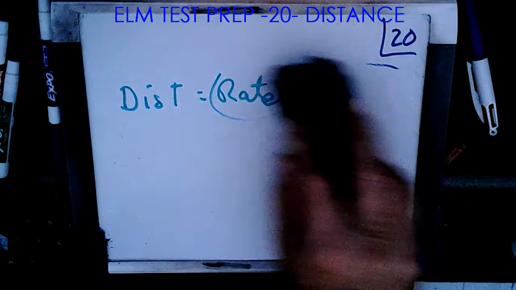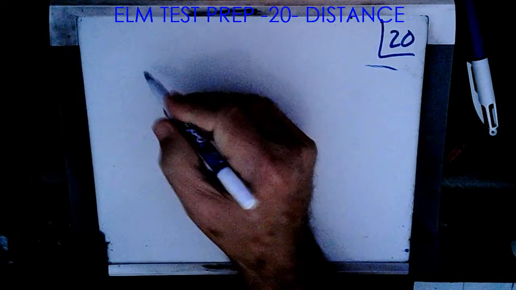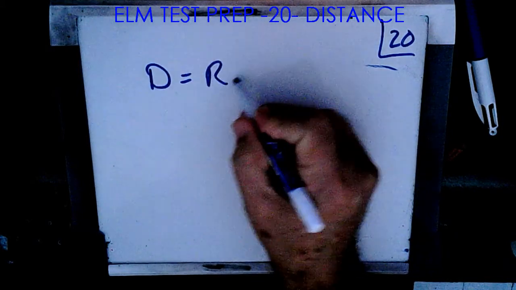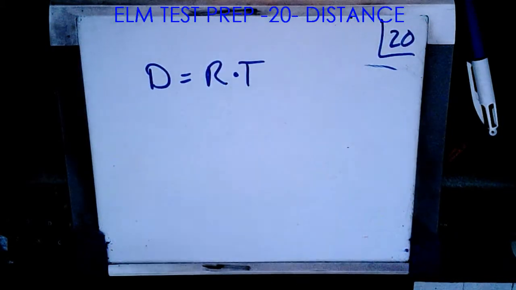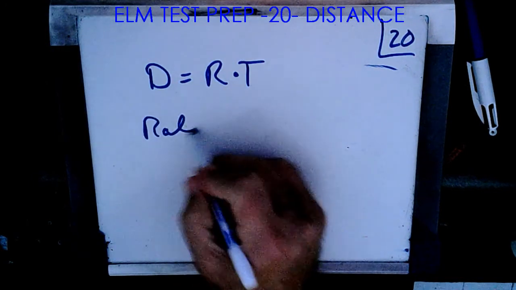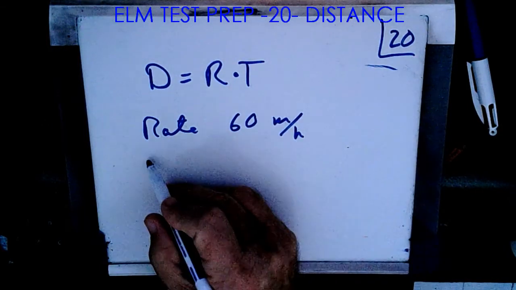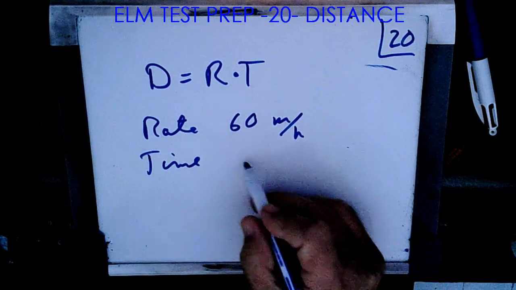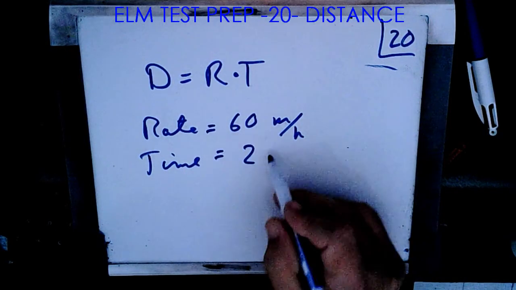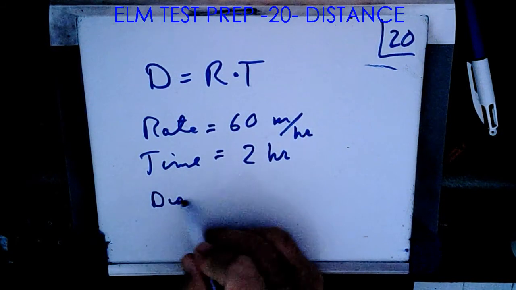I'm just going to write this in terms of distance equals rate times time, or what I fondly call my dirt formula. One of the basic dirt problems would be, okay, I'm traveling at some rate in my car, say 60 miles per hour, and I'm traveling for a time of 2 hours, and I want to know the distance I traveled.